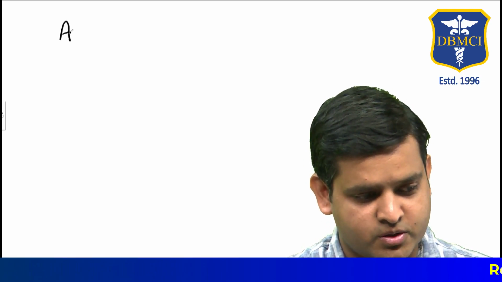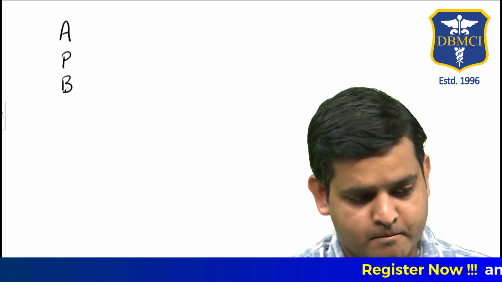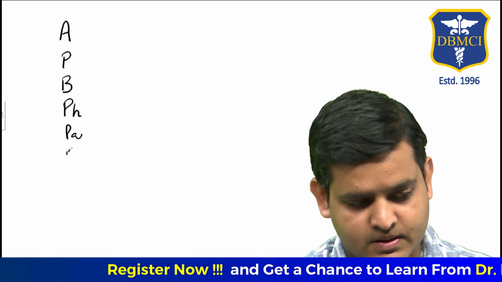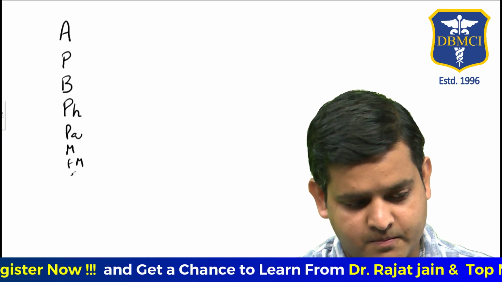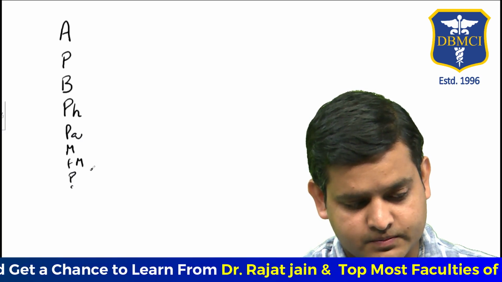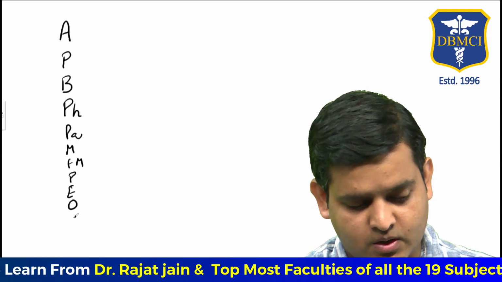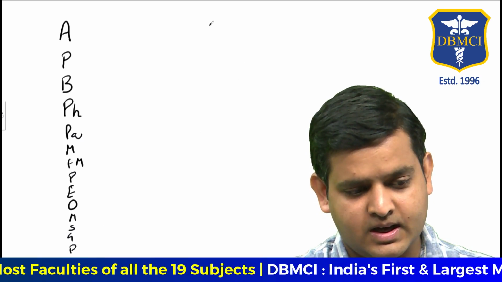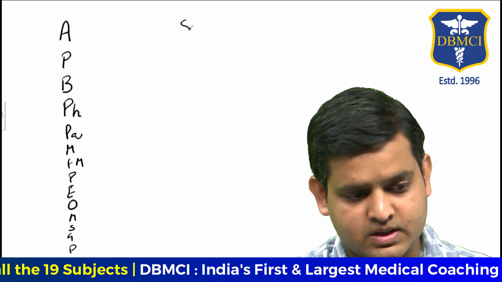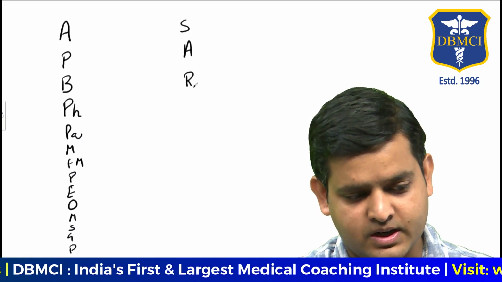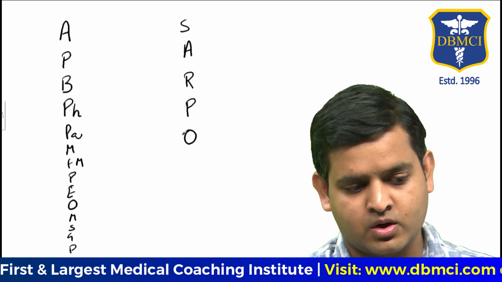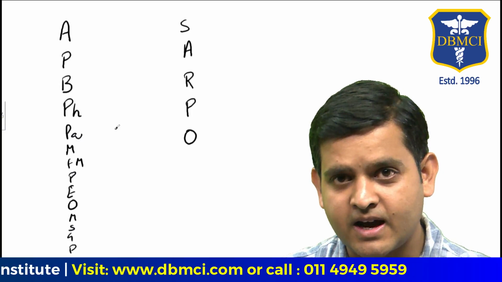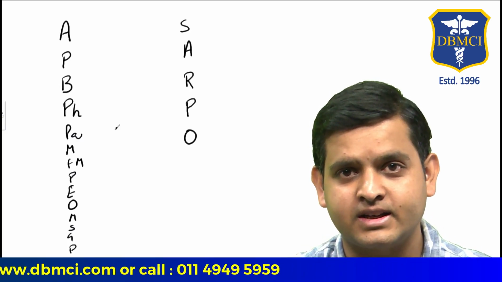You have got anatomy, physiology, biochemistry, pharma, path, micro, FM, PSM, ENT, ophtha, medicine, surgery, gyneobs, pediatrics, and then you have got skin, anesthesia, radio, psyche and orthopedics. Now the point is, in the revision we will have to focus once again on all 19 subjects.